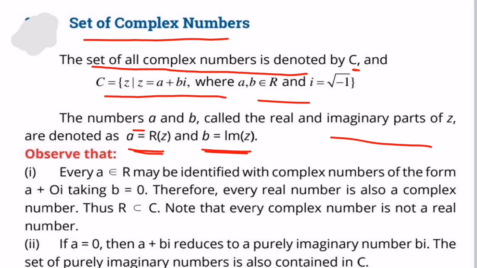That means every real number can be written as a plus 0 iota by taking b equal to 0. Therefore, every real number is also a complex number, so the set of real numbers is contained in the set of complex numbers. Note that every complex number is not a real number.